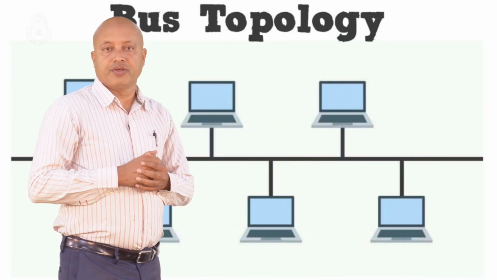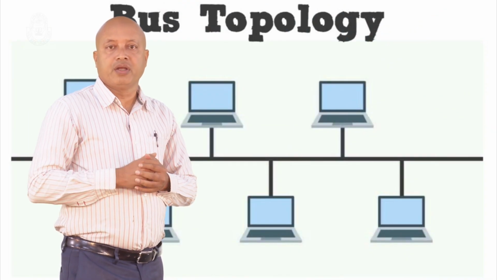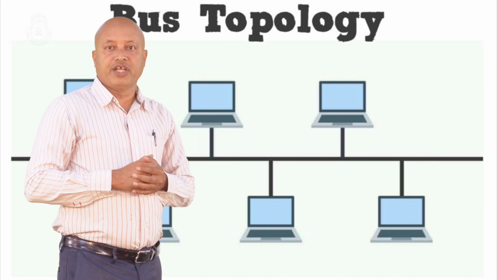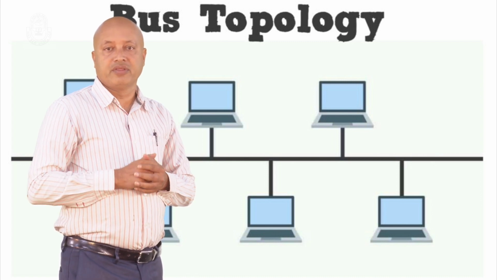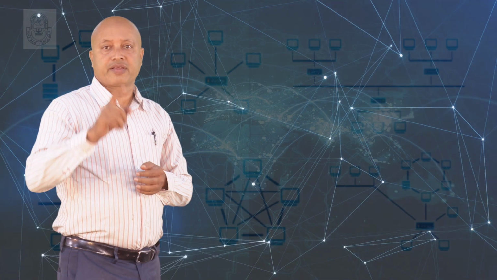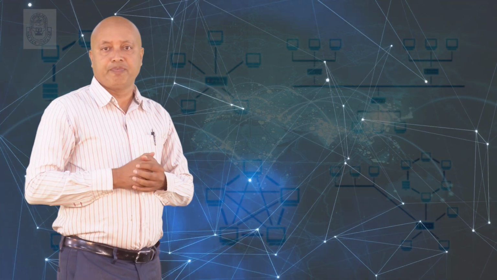Bus topology. In this topology, all devices share a common wire to transmit and receive data. This approach is very economical as a single cable is cheaper to purchase than several individual cables.